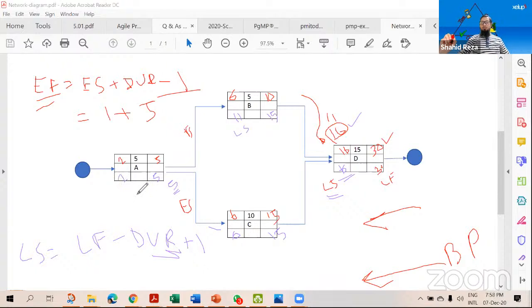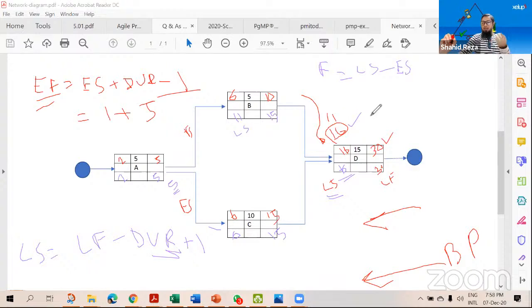So now see, we have found out all the early start, early finish, late start, and late finish of all the activities. When this is done, you have to use another formula to find out the float of every node or every task. That formula is float equal to late start minus early start.